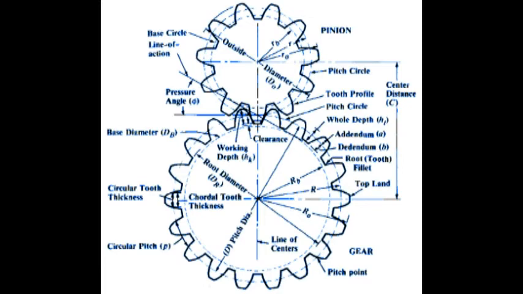You can observe in the case of a gear tooth that the thickness will be varying from tooth to tooth. Here you can see this is a thickness, and there is another thickness. As we move down from the top land to the bottom land, the thickness of the tooth varies.